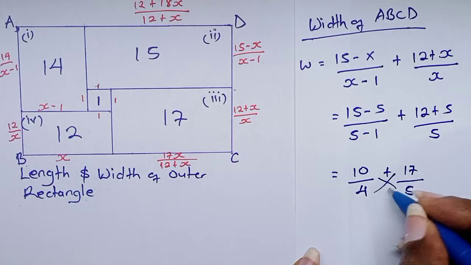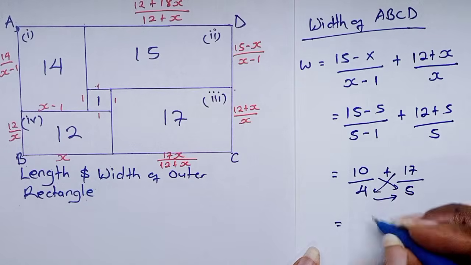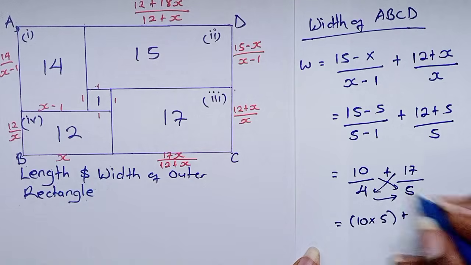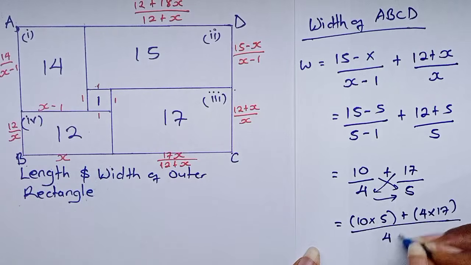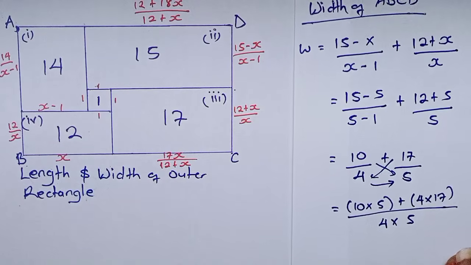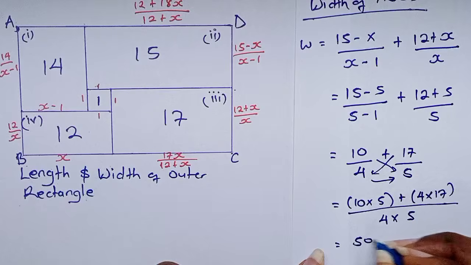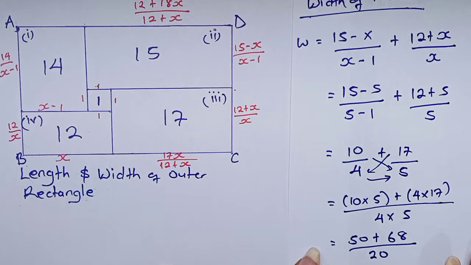So we use the crisscross method. This will be equal to 10 times 5 plus 4 times 17 over 4 times 5, which is equal to 10 times 5 is 50 plus 4 times 17 is 68 over 4 times 5 is 20.